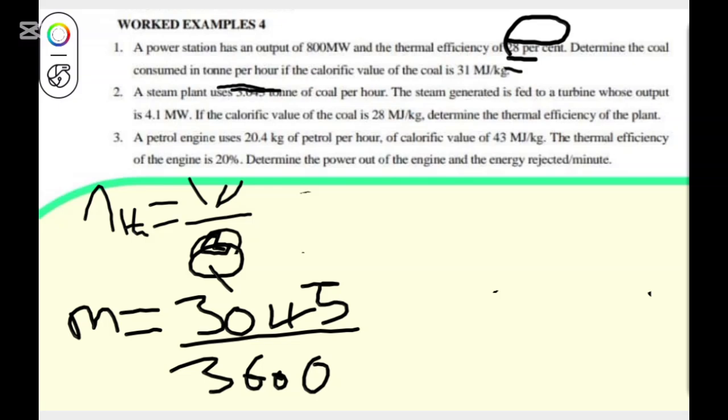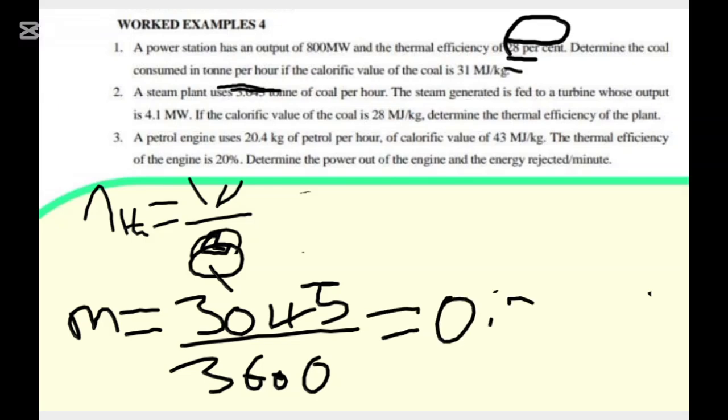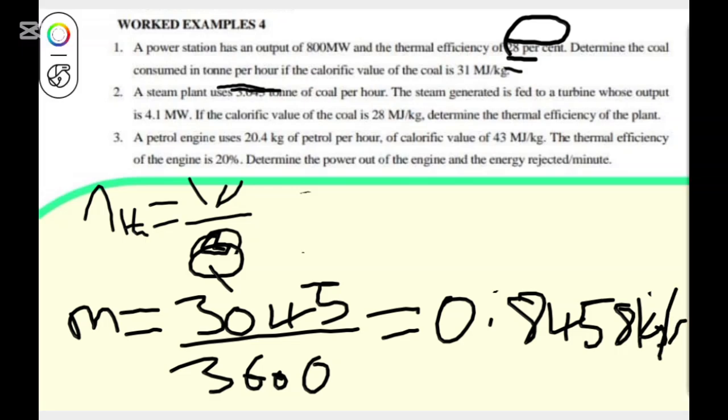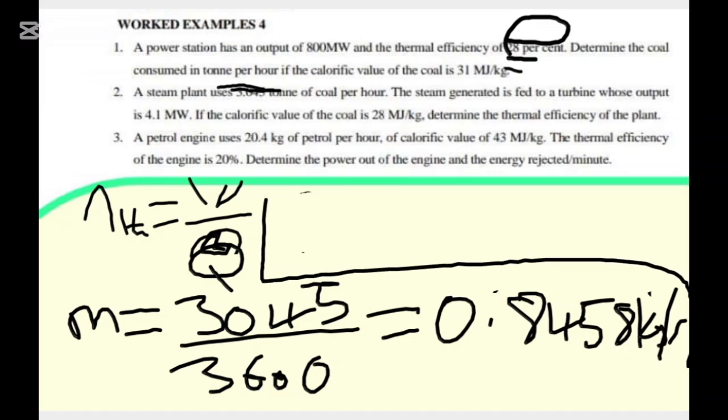If I calculate it, I will end up with 0.8458 kg per second. So as you can see, I converted the coal rate to kg per second. Then step 2 is the heat supplied.